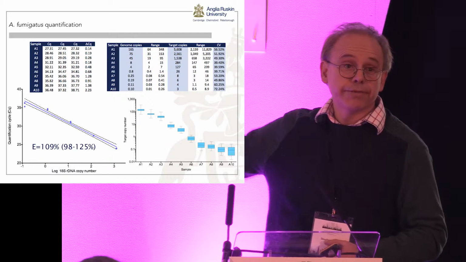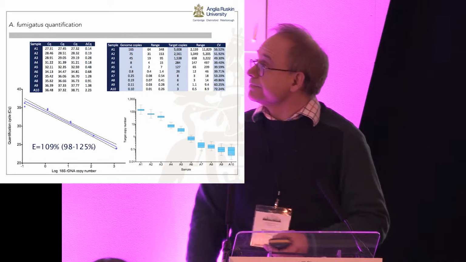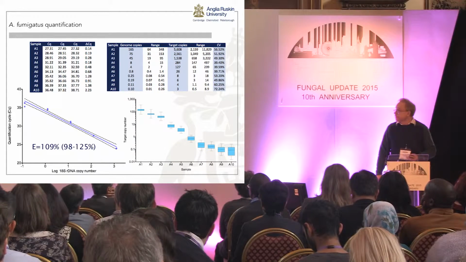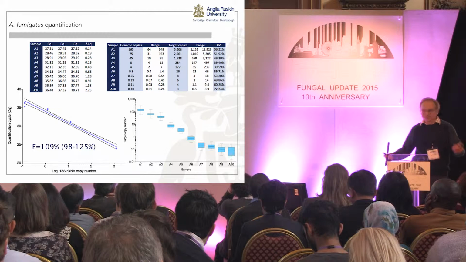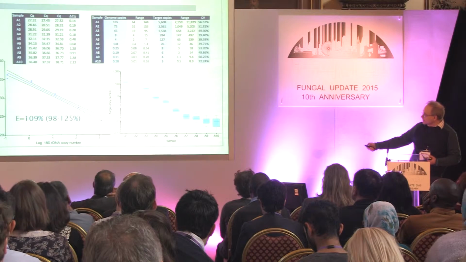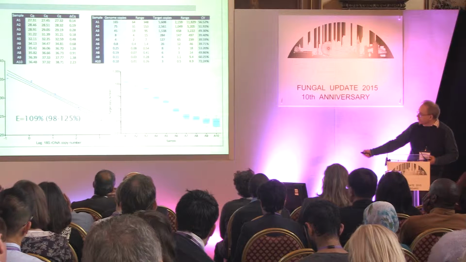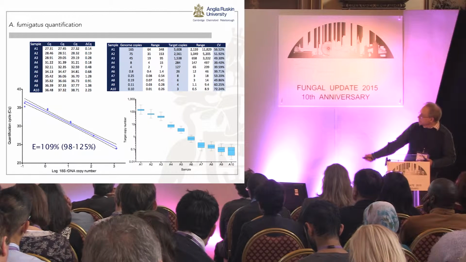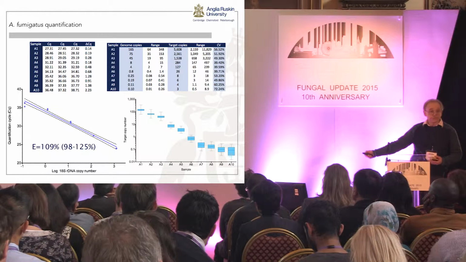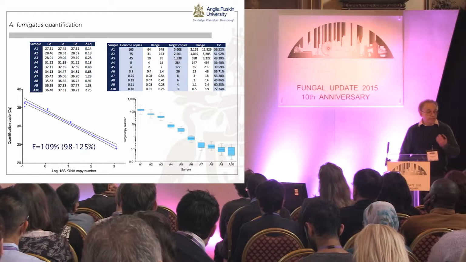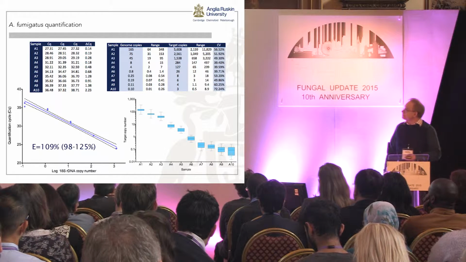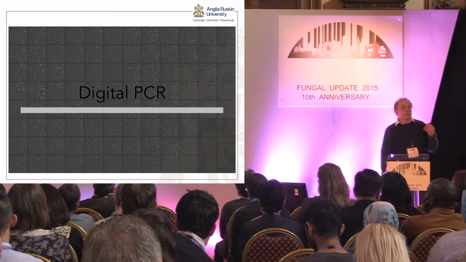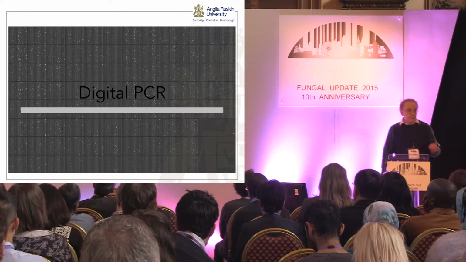And as you can see, it's a huge error, so it is not terribly quantitative. That is the problem with qPCR, not just for Aspergillus, but for lots of different things. You draw your results, and you can see you can't really quantify this terribly well at the lowest concentrations. And even at the higher concentrations, there's a lot of overlap if you do your error propagation correctly. So qPCR is useful, but it's problematic.